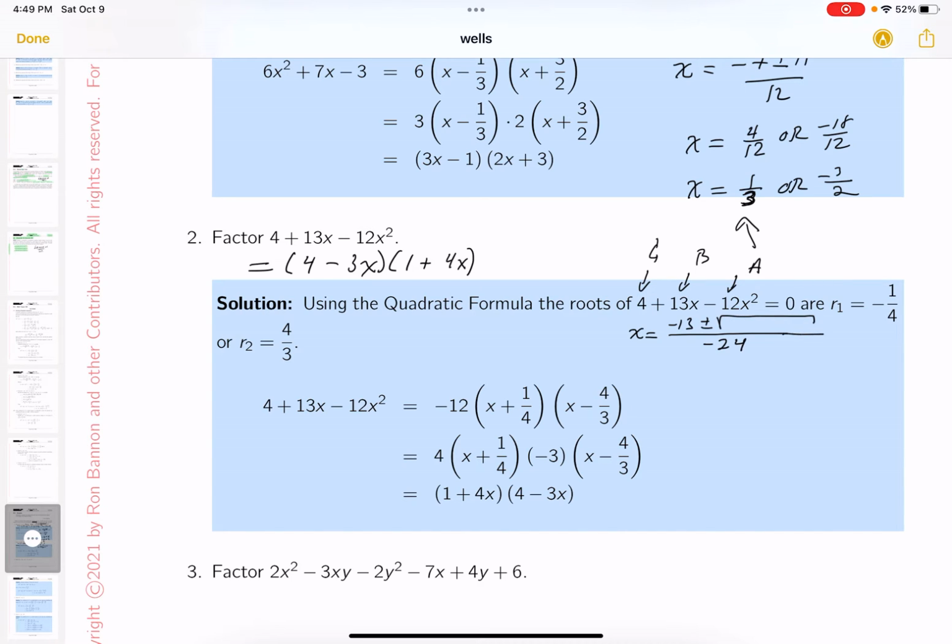I always find the quadratic formula very tedious. Well, let's see. B squared is 169. Minus 4 times A times C. Oh, that's work for me. I'll write this down. 4 times A is minus 48. Well, let's put a plus over here then. So it's going to be 4 times 12, 4AC, right?